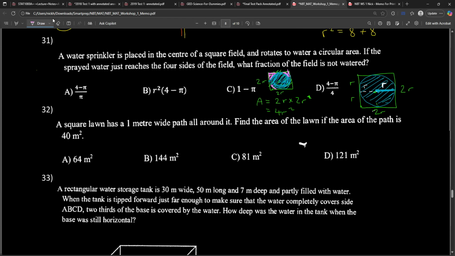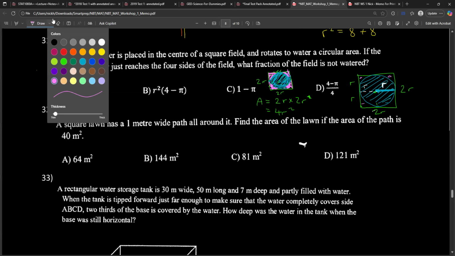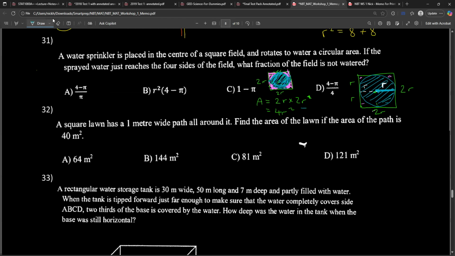So I want to get the area of the square minus the area of the circle to get the pink, which is the part that's not watered. So I have to subtract the area of a circle, which is a nice easy one, that's pi r squared.